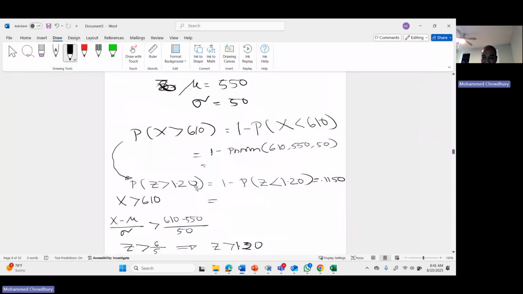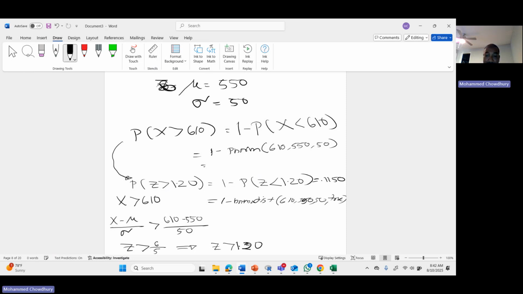So this is the approximation problem, that is why you got this. So here you will write 1 minus norm dot dist, then you write 610, and then 550, and then 50, then true.